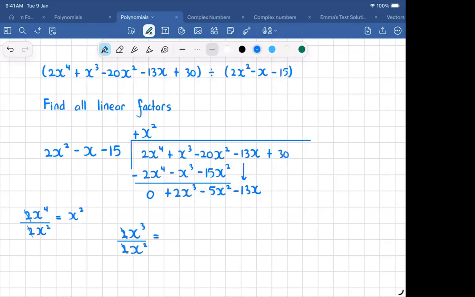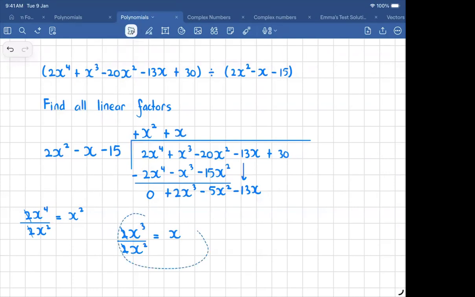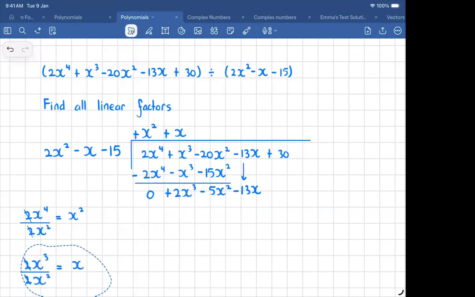That would just leave you with x. Great. So what am I going to write on top? The x. What is that? Positive x. Nice. This is the hardest CXC will ever bring it. Doesn't get harder than this. I went through some weird cases just now, but this is as hard as it gets.